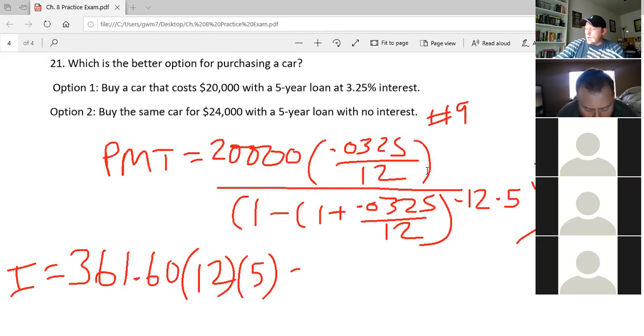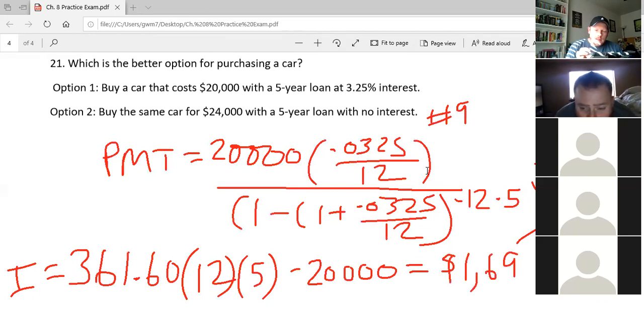If I subtract the 20,000 that actually goes to the cost of the car, it gives me $1,696 that goes to interest. So having interest on that $20,000 loan, yeah, it racks up another $1,700, but it's not the $4,000 difference. So option 1 is actually cheaper. Yep. It's cheaper overall. Wow.